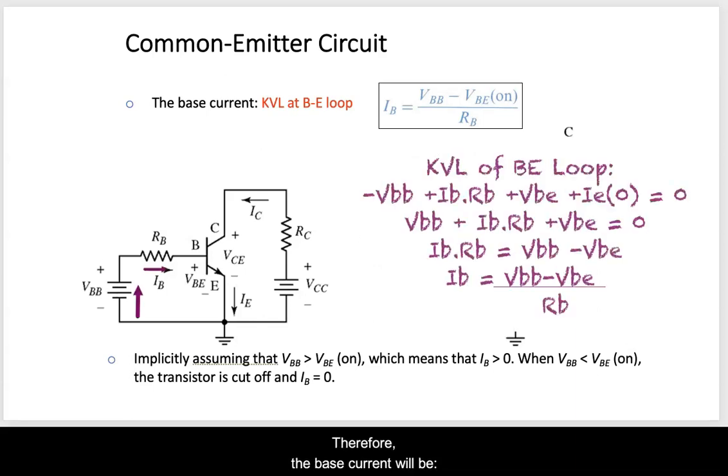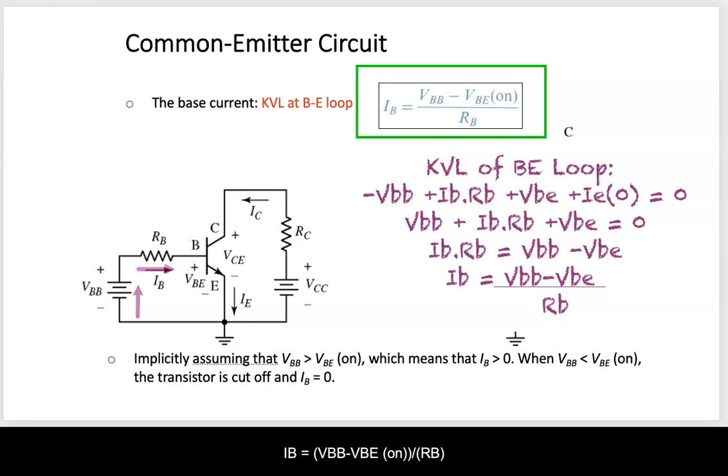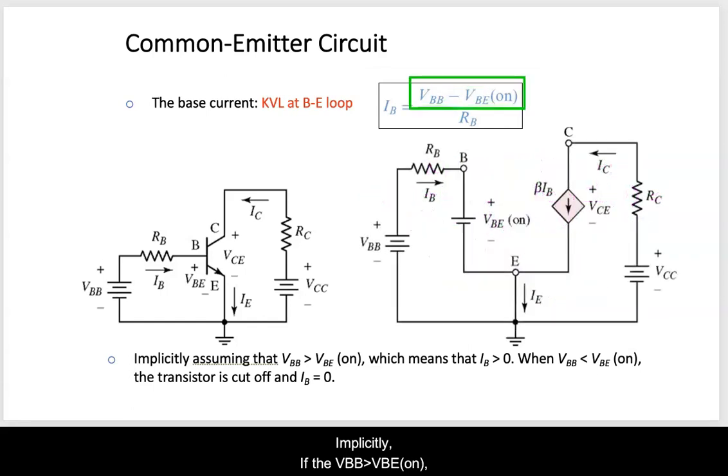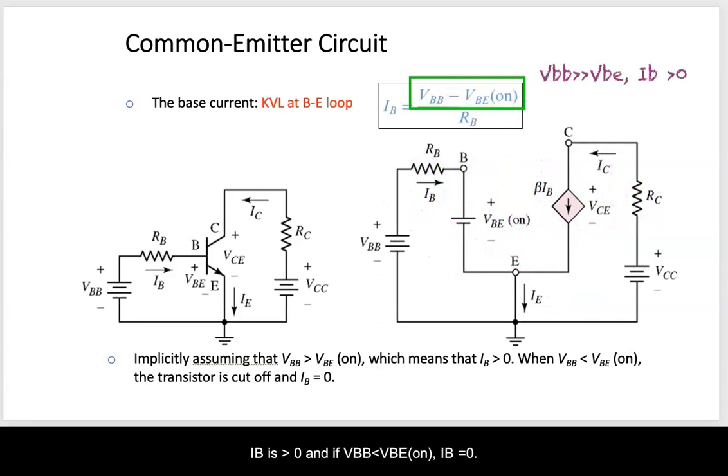Therefore, the base current will be IB equal to VBB minus VBE on over RB. Implicitly, if VBB is greater than VBE on, the IB, or the base current, is greater than 0, and if VBB is less than the VBE on, the IB is equal to 0.